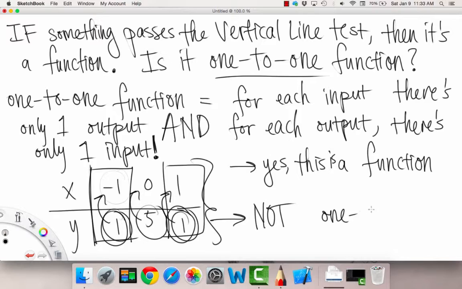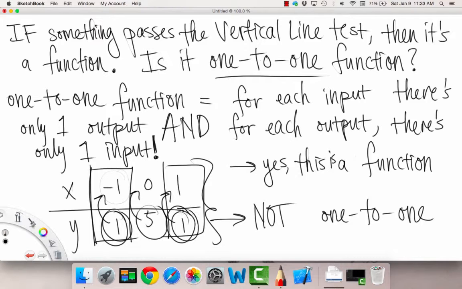Not 1-to-1. Okay? So essentially, this is just saying that even though we might have a function, which works perfectly in the input to output direction, and for each input we only get one output, that's fine. But in order for it to be 1-to-1, for each individual input, it has to output different things for each one.